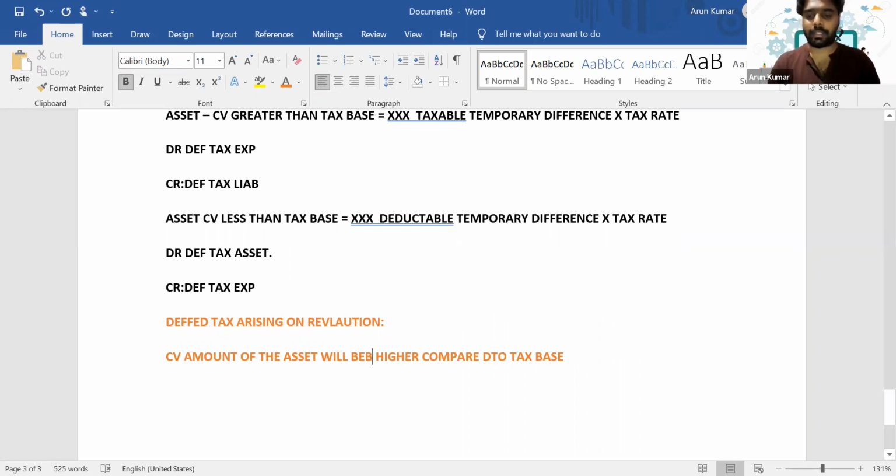Because that asset value will increase in my books, but that increase will not get reflected in the tax books, because we are accounting it on the basis of our accounting policies and assumptions, on the accrual basis. But literally, the tax authority is accounting it on the cash basis. Is it clear? So the carrying amount of the asset will be higher compared to tax base here.